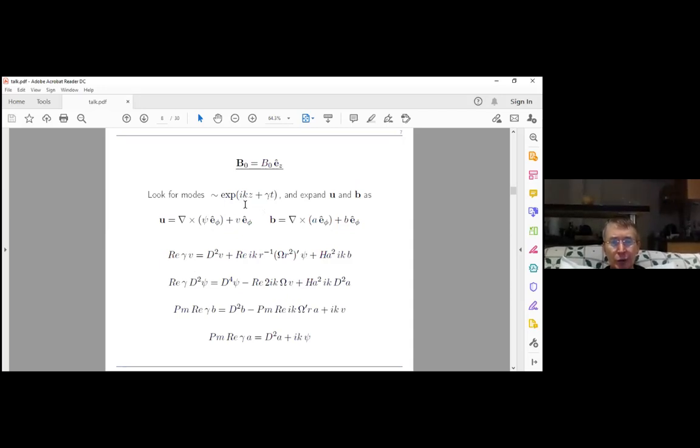Everywhere you had z derivatives, you just have factors of ik, that D squared is basically a Laplacian, and there's a D to the 4th. And the time derivatives on the left side of the equations give you those factors of gamma. So the whole thing has been reduced to a linear one-dimensional eigenvalue problem. There's only the radial structure still to be worried about.